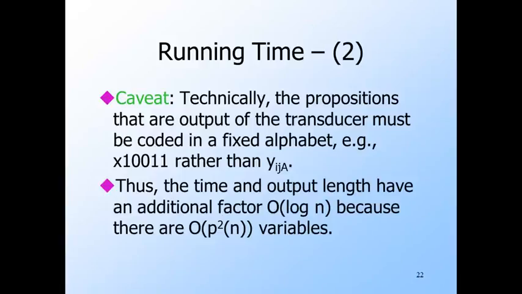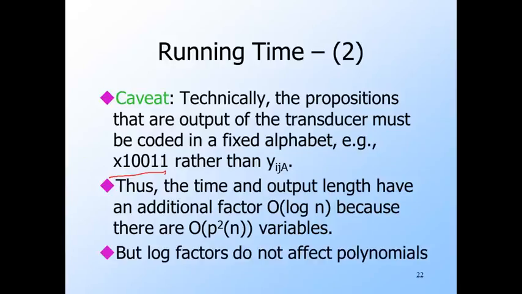We agreed to represent a variable by the symbol x followed by an integer in binary, like this. To represent order p squared of n variables requires integers whose length is order log n. But this is no big deal. A factor of order log n is less than a factor of n, so all it can do is raise the degree of a polynomial by 1, not even that much. So in what follows, we're going to ignore factors of log n and just assume we can write down a propositional variable in constant time and space.